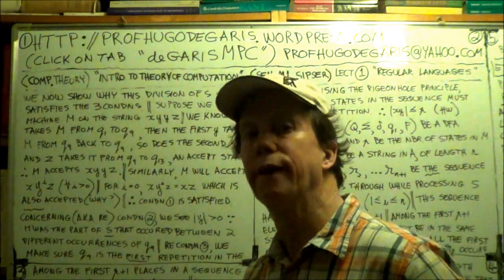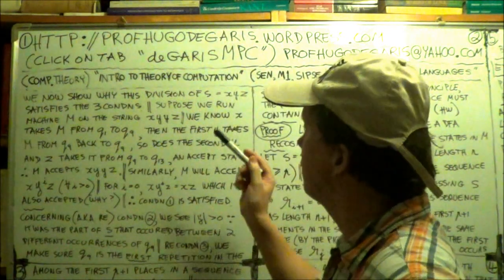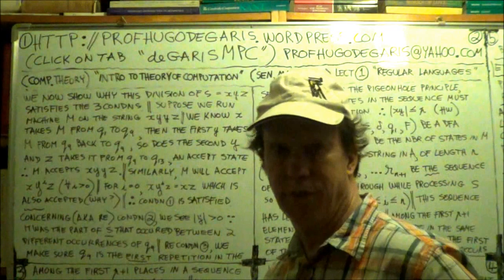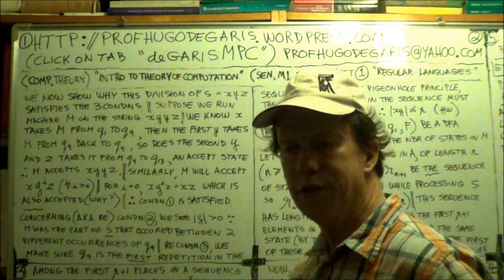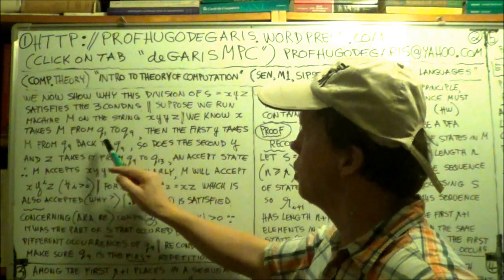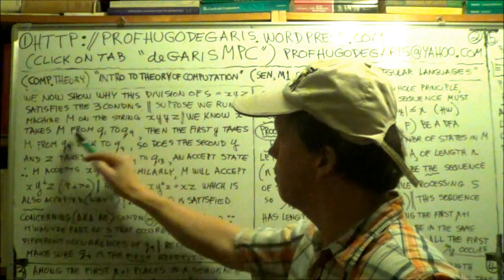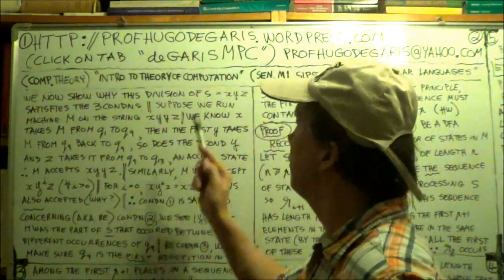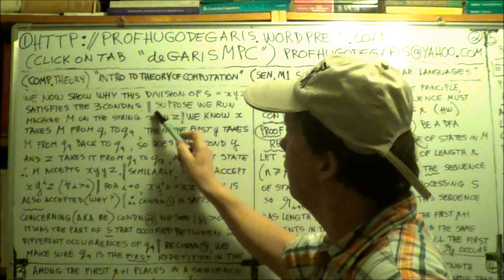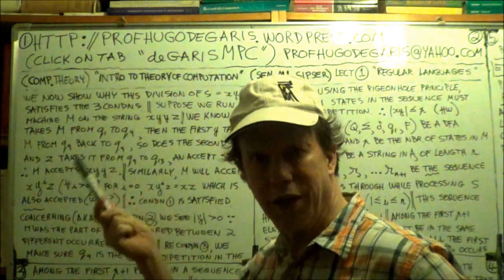That was condition 1 of your pumping lemma. Now, let it be Y, Y, Y. Let's have three copies of Y. Each Y will take the sequence of states in the machine from Q9 to Q9. And if we have three Ys, it'll just do this three times. And if we pump with I copies, we'll just go from Q9 to Q9 I times.